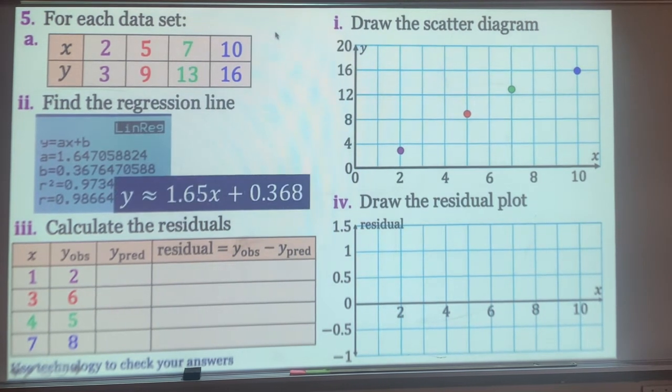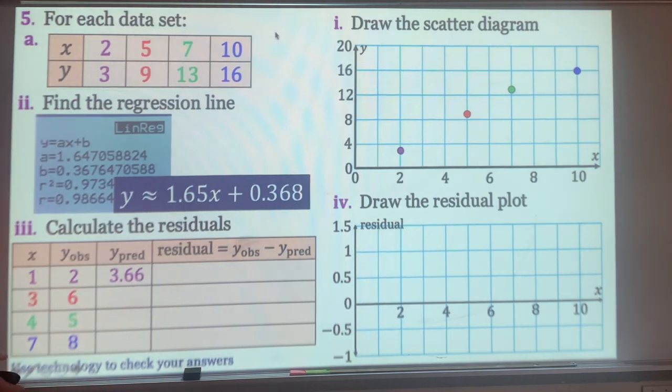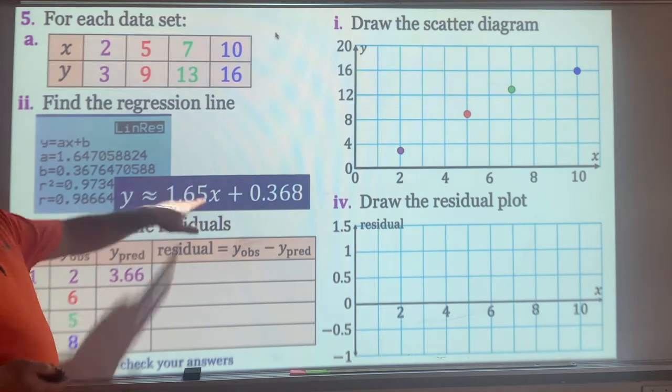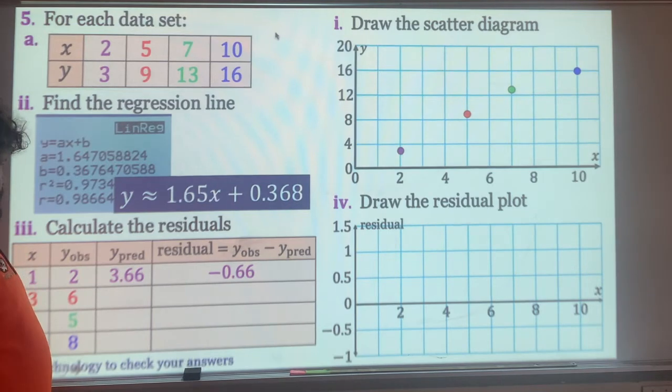So my regression line is y is about 1.65x plus 0.38. Calculate the residuals. So what I'm doing is, ready? Plug in 1 into here, and I get 3.66. You already did this on your own. I gave you plenty of time. Typed in 3 into here, and you subtract the 2, negative 0.66. All right?